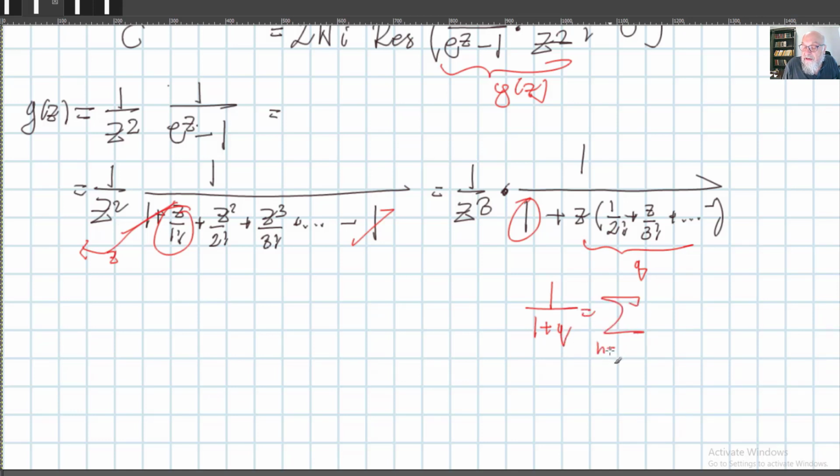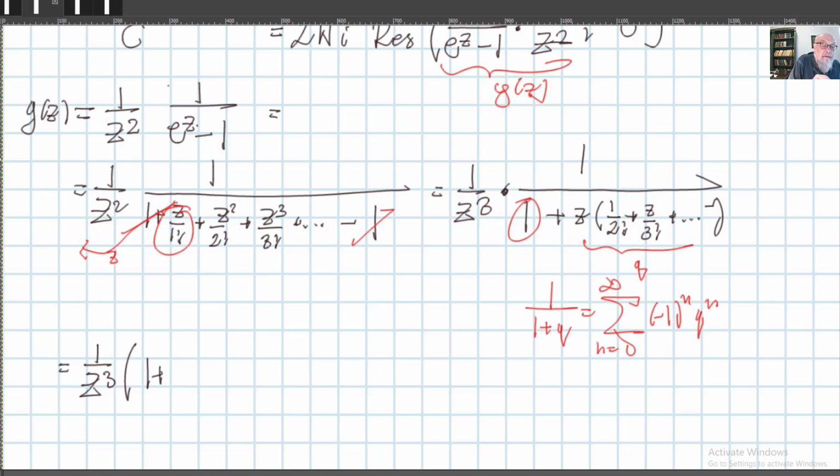So that everything becomes the sum n equals 0 to infinity, minus 1 to the power n, q to the power n. And you can rewrite it, and so that one is equal 1 over z cubed. And here I'm getting 1 plus q.